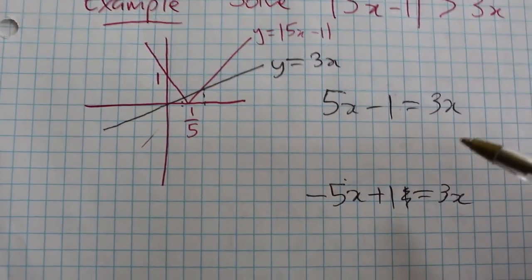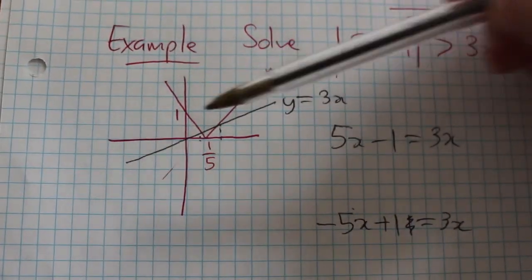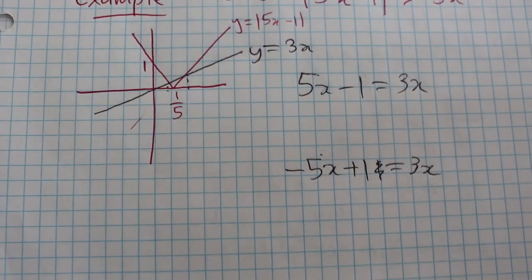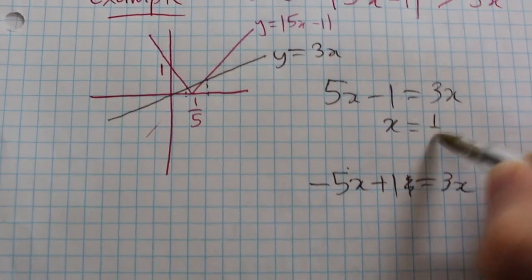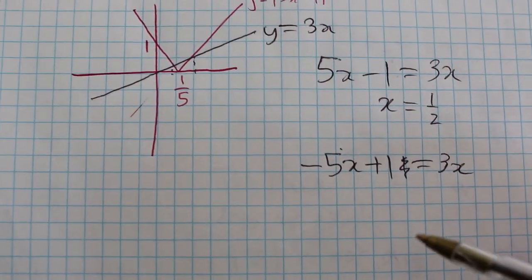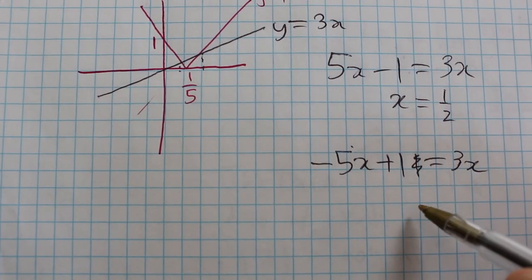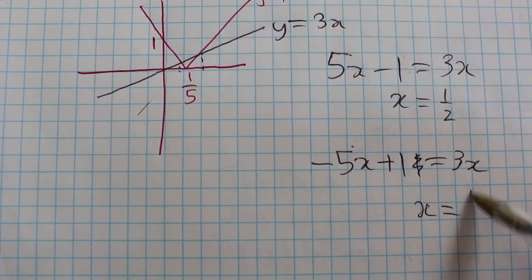Because this line on the left is y equals minus 5x plus 1. Again, those are just two linear equations, so we obtain x equals a half and x equals an eighth, I think.